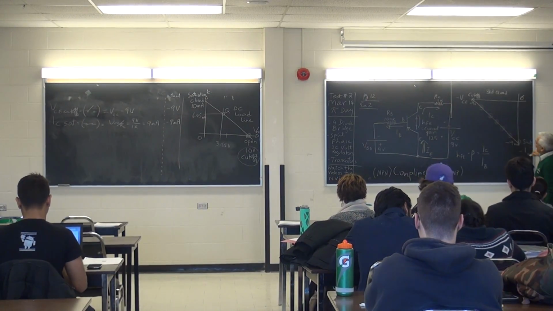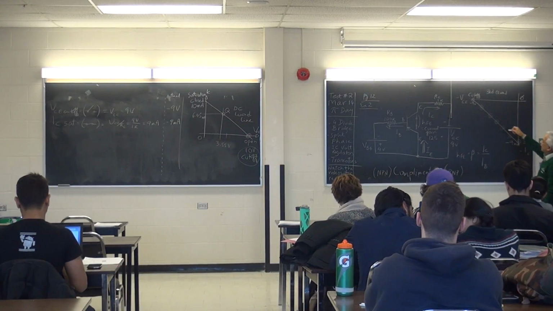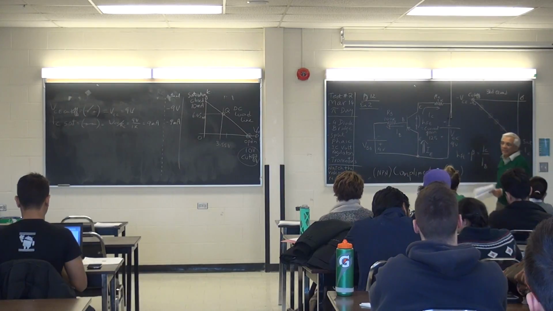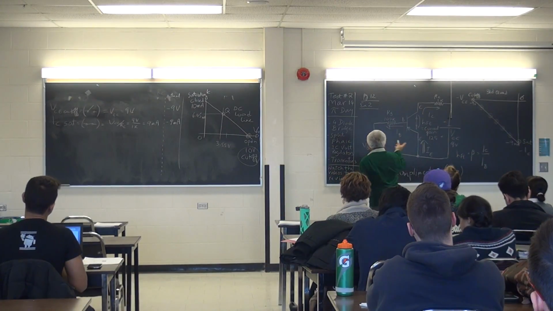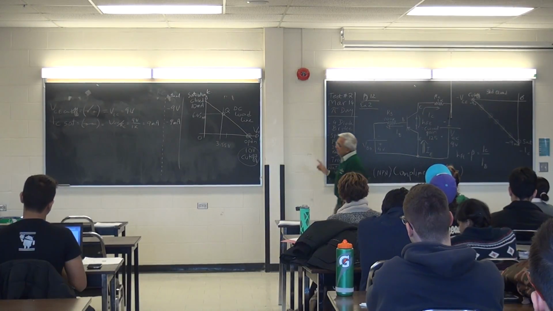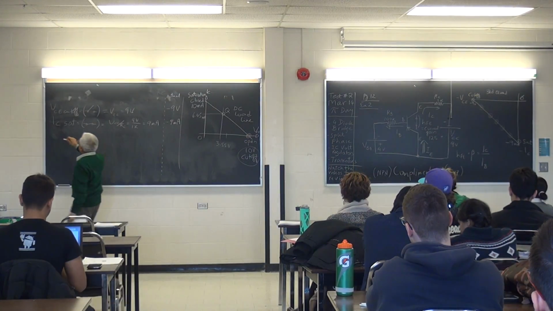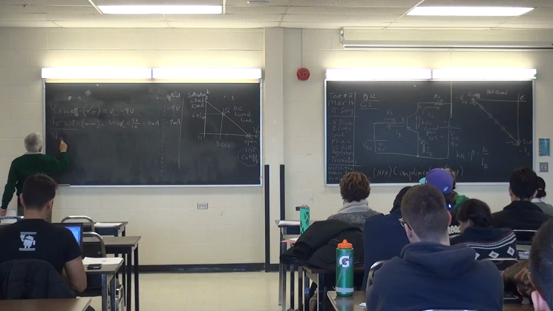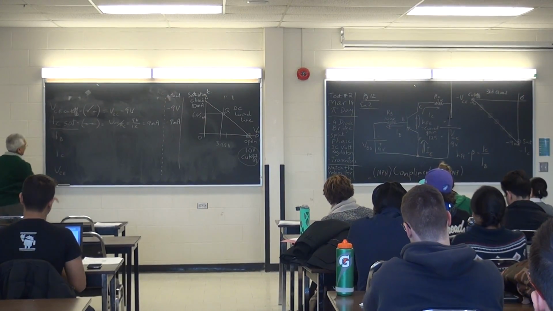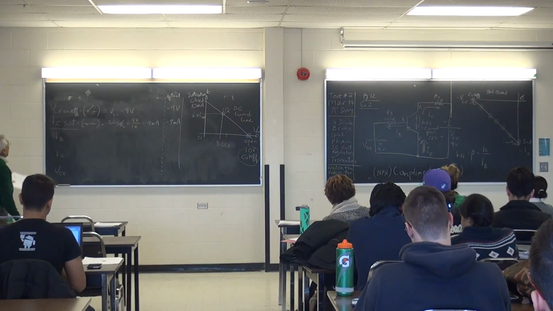But it will be operating somewhere on the DC load line. The operating point is always somewhere on the DC load line. And the way to find that value is 3 steps. The 3 steps are, first find IB, then find IC, and then find VCE. 3-step process, okay? IB.